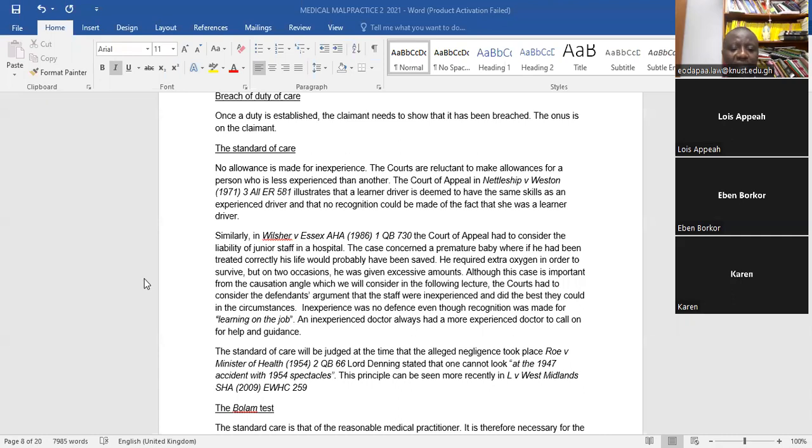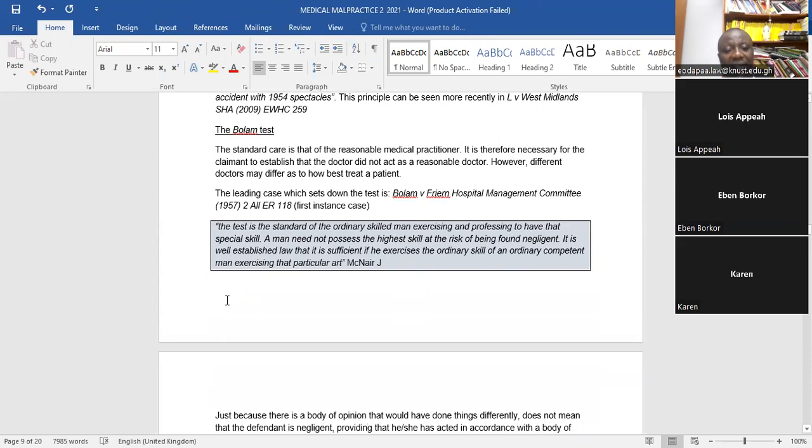So let us keep that in mind. But as far as medical negligence is concerned, it is true that we use the reasonable man standards.